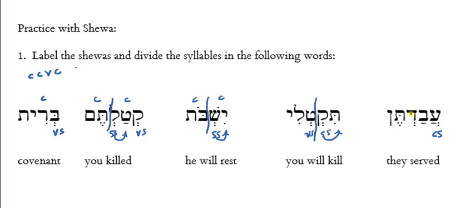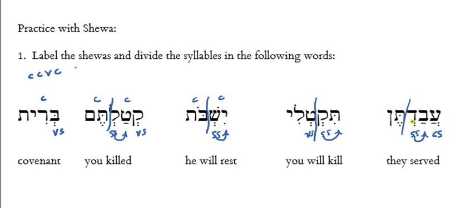Now I come to the next consonant, and I don't have a vowel under it. I have a Shiva. So I can't just divide here and assume it's open. I've got to check the identity of this Shiva, and I do that by looking to the right and asking, is the vowel to the right of it long or short? Patach is a short A, so the Shiva is silent, and if it's silent, I divide to the left of the silent Shiva.